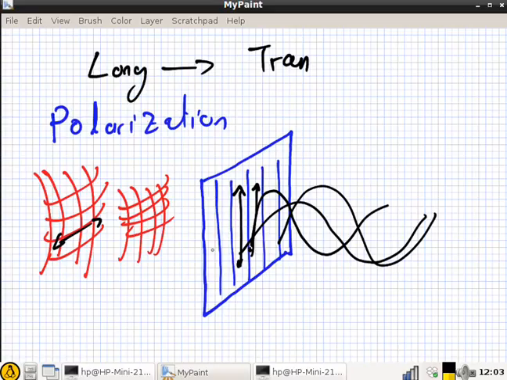This is called polarization. Can you go backwards? Can you go from transverse to longitudinal? What do you think? You can't really, because this works because it destroys part of the wave. So you can't really go backwards through it. It's a one-way process.